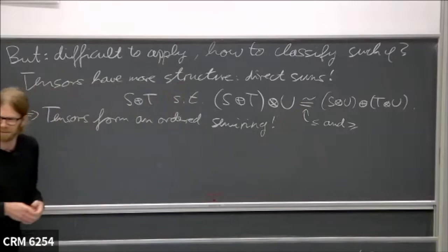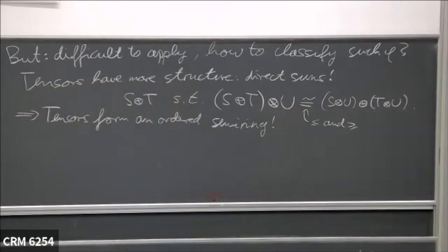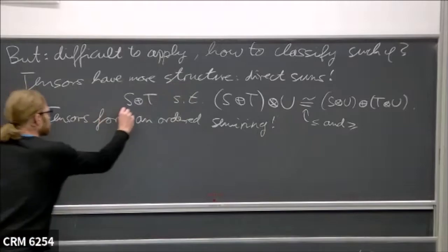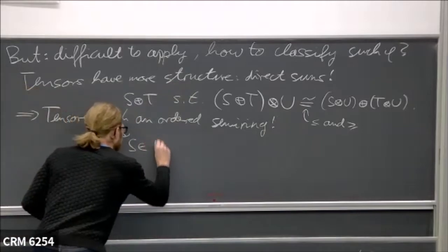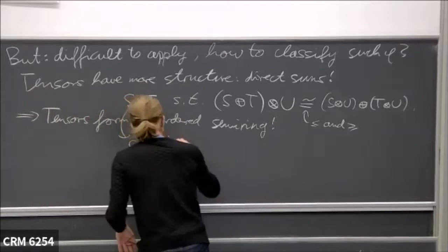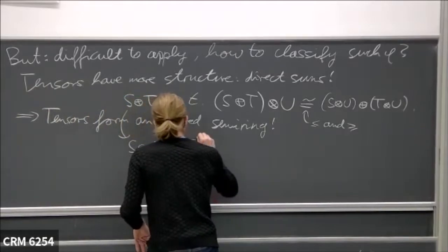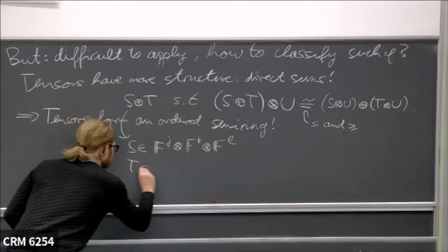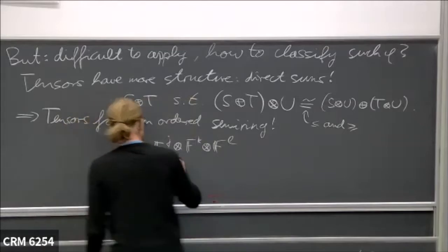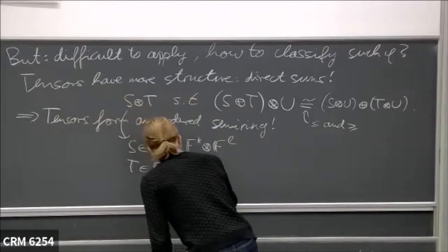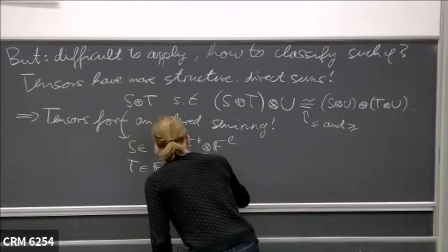Excuse me once again. What do you mean exactly by this direct sum? Suppose that S is an element of our tensor space, and T is an element of another one, with dimensions J prime, K prime, and L prime.